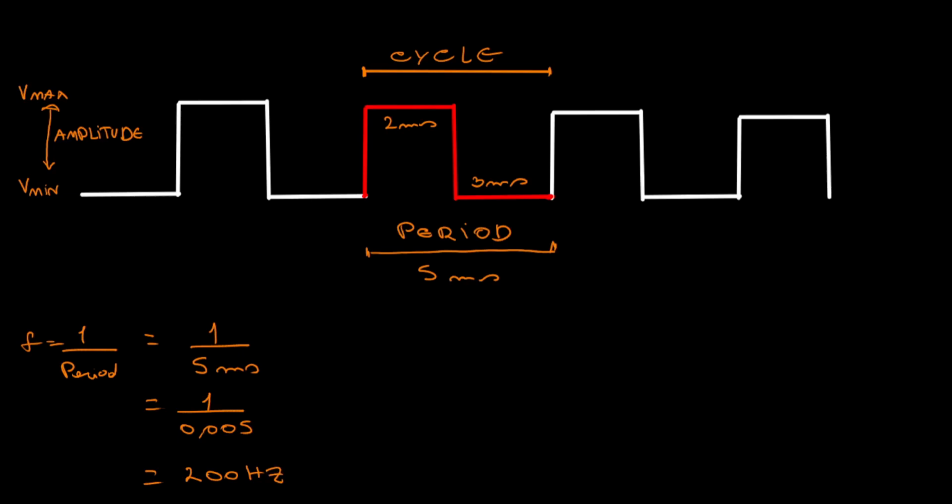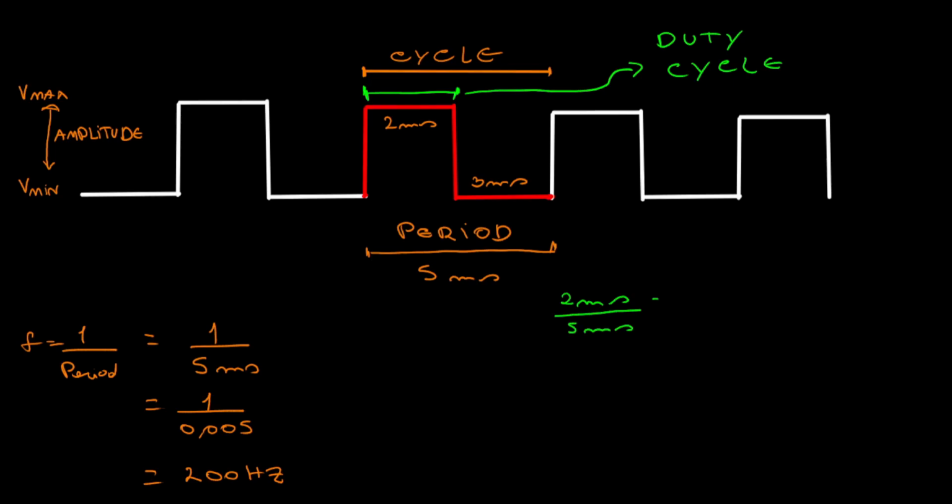A duty cycle is how long a cycle stays on. In our example, we know that our duty cycle is 2 milliseconds. To know the percentage of the time the duty cycle stays high, we need to take the total of the time the duty cycle is high, which is 2 milliseconds, and divide it by the total period, which is 5 milliseconds.